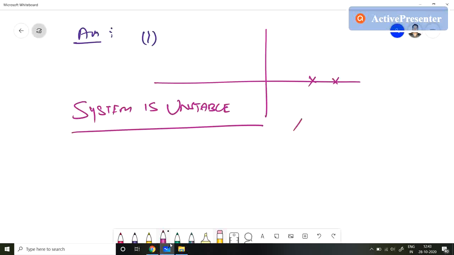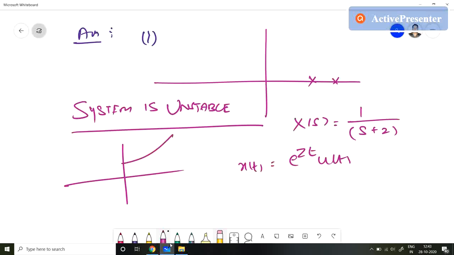For example, if X(s) is 1 divided by s minus 2, then x(t) is nothing but e raised to the power 2t into u(t), and it is exponentially growing. So basically the system is unstable.